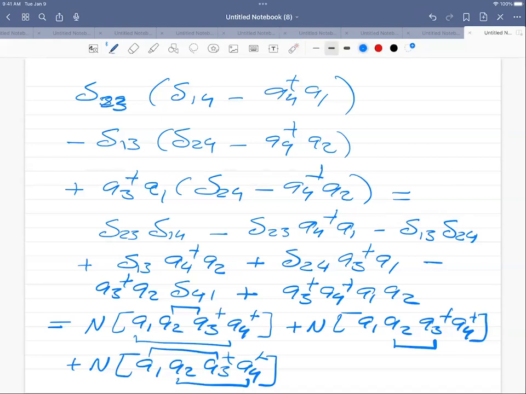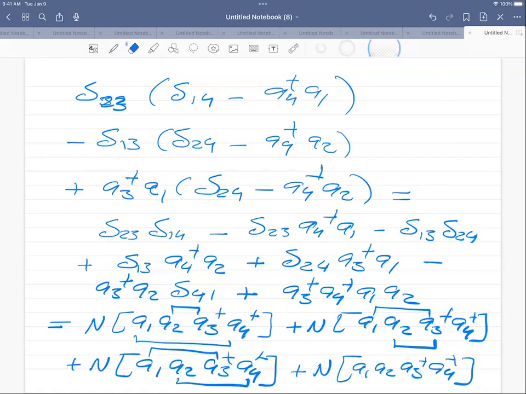So if we go to the fourth term, sorry, this is A1, A2, A3 dagger, A4. In that particular case, we have the contraction of A1 with A3, so we have this Kronecker delta, which you see here.